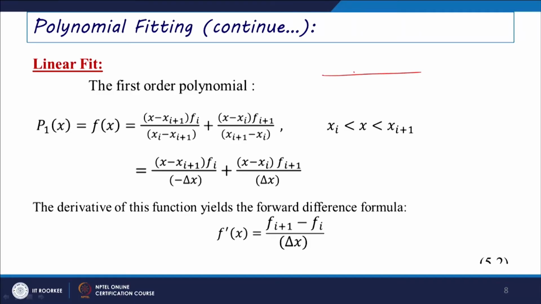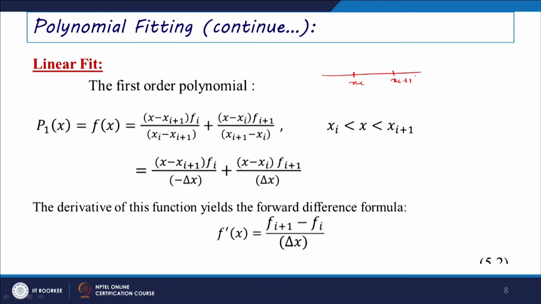Then for a linear fit, that is a 2 point formulation, we can consider either xi, xi plus 1 or xi, xi minus 1. For this polynomial, we consider the points xi and xi plus 1 here.